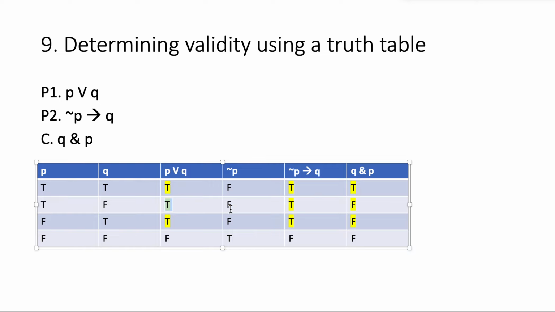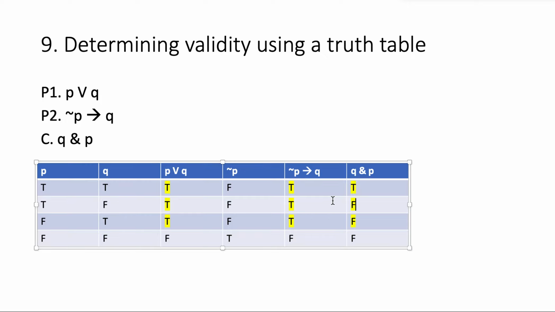On row 2, I have premise 1 is true, premise 2 is true, but my conclusion is false. So on row 2, I found a situation where the premises are true, but the conclusion is false.